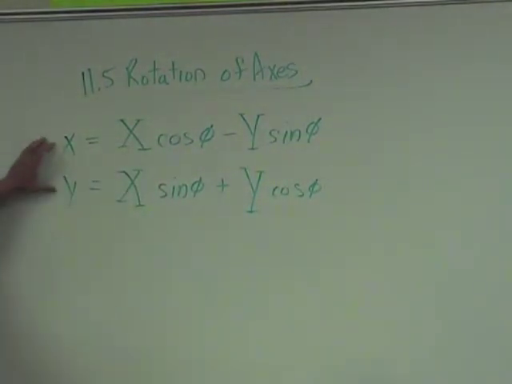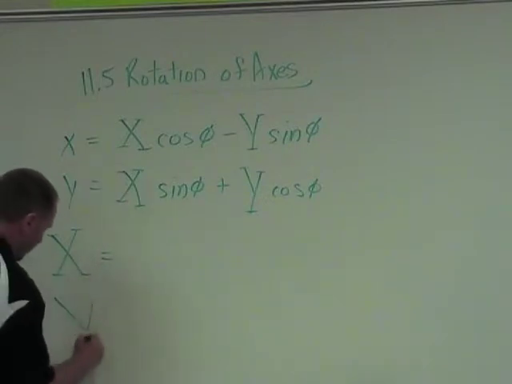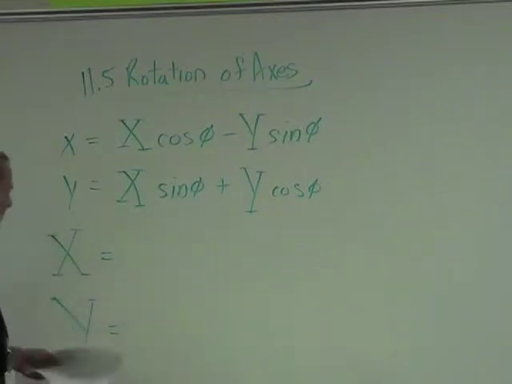Given a coordinate, we ought to be able to come up with the new coordinates. So capital X and capital Y, what are those equal on the new axes? So these four things you're going to have on your reference sheet.